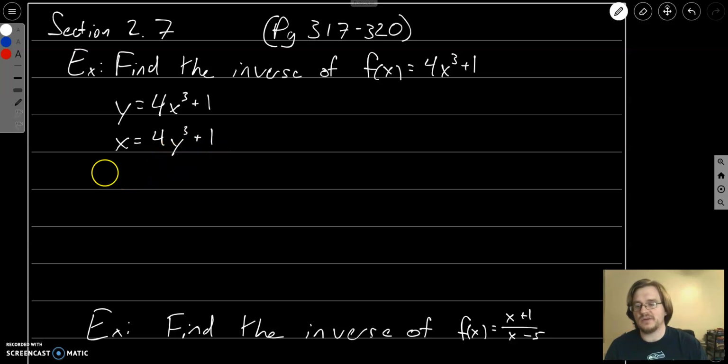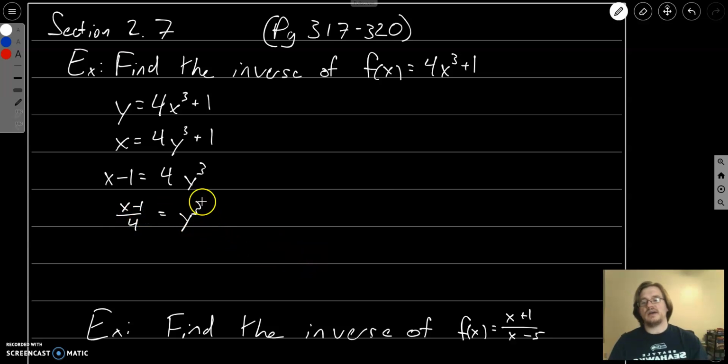So I will subtract 1 from both sides. I'll divide both sides by 4. And now I have y to the third power. So what I will do is I'll raise both sides to the 1/3 power.